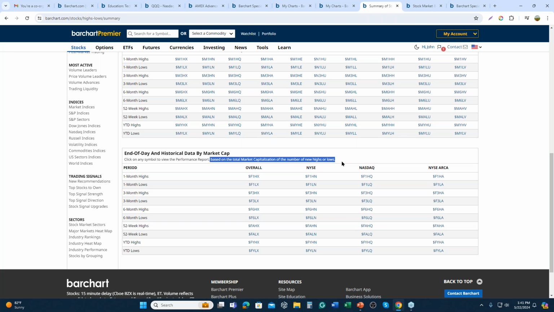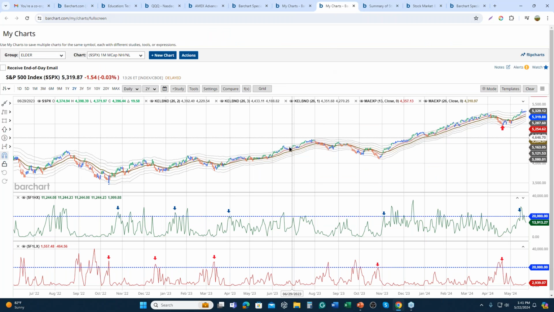If you think about this, this makes sense, right? We want to see those large cap stocks making new monthly highs. So we figure that this is a much better breadth indication than, let's say, a lot of small cap stocks or penny stocks. So here we're looking at market capitalization. Here you can see the F1HX, F1LX. All right, so let's go back to this chart.